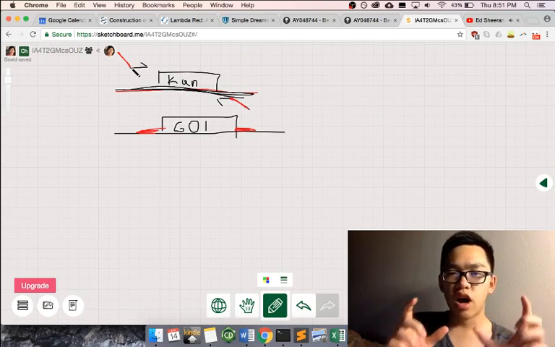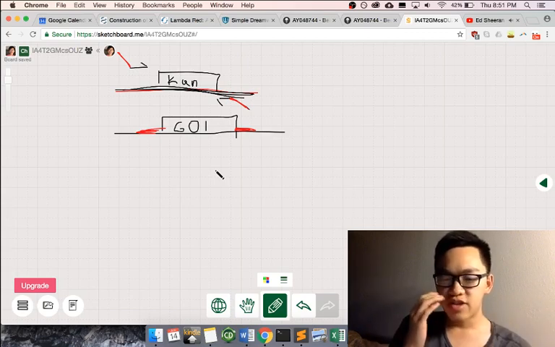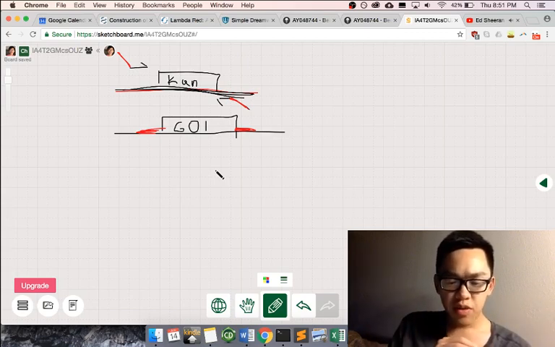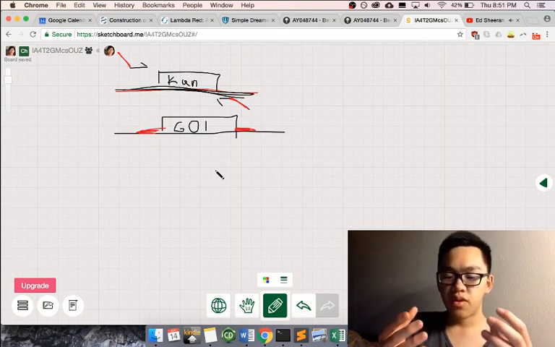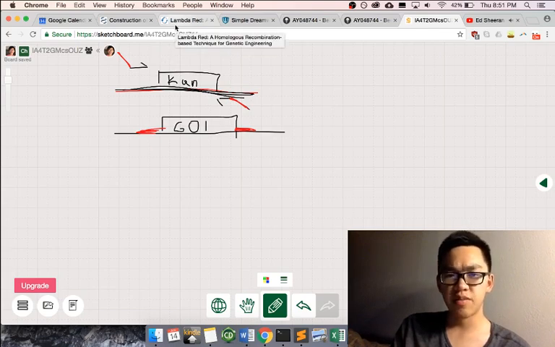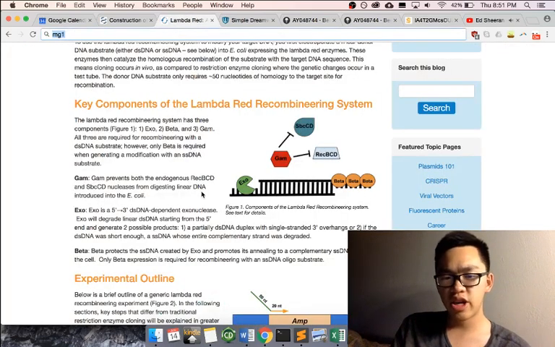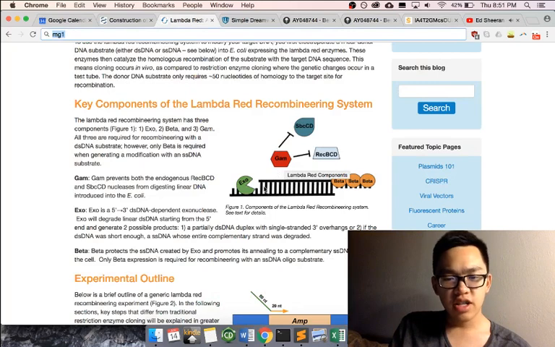After you've got this KAN PCR product, you can then add a plasmid that has exo, beta, and gam. So what does lambda red really do? Lambda red is a simple method for doing homologous recombination into the genome of MG6055 and other types of bacteria, and it's reliant on these three proteins: exo, beta, and gam. You don't really have to know the detail, but I'll talk a little bit about it.